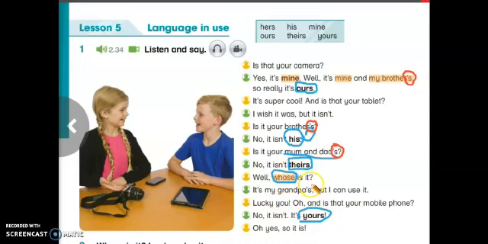Also here grandpa's. ونقوم باستخدام هذه الأس عندما نتحدث عن ملكية شيء معين لشخص ما. My brother's, your brother's, mom and dad's, grandpa's. All these words have possessive s.